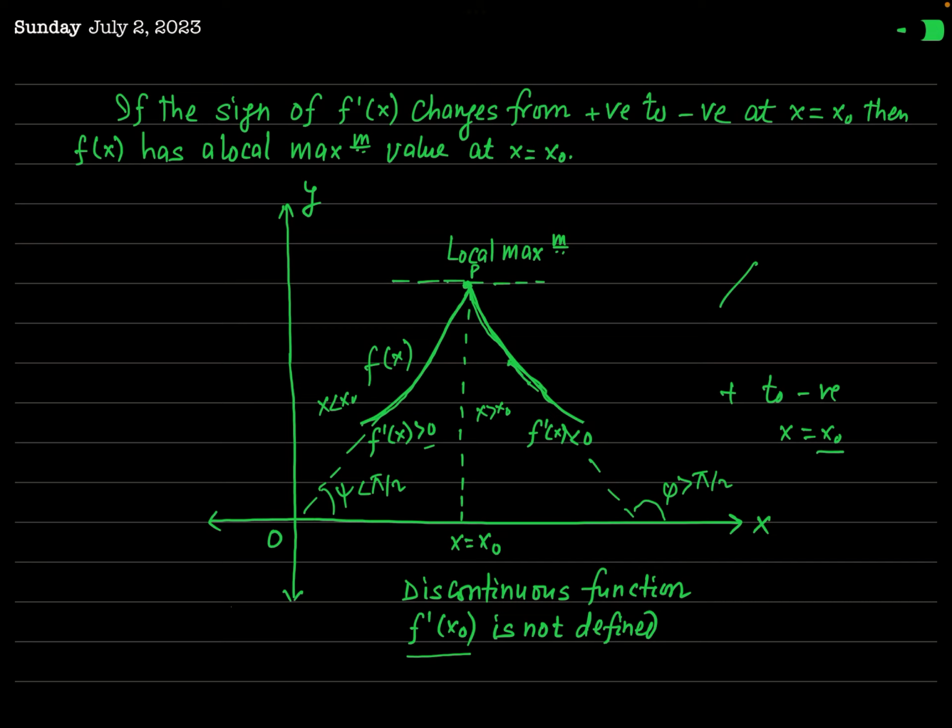But in the case of a discontinuous function, you can't write that f dash of x naught is equal to 0, because f dash of x naught is not defined. You have learned that at the critical point, f dash of x equals 0 in the case of a continuous function, but in the case of a discontinuous function, f dash of x at the critical point is not defined.